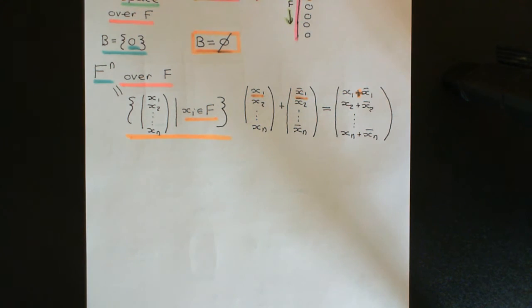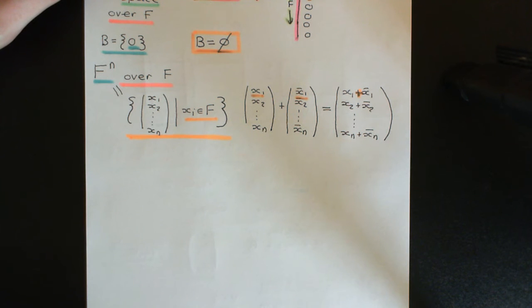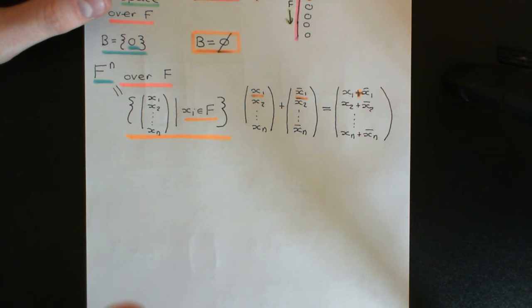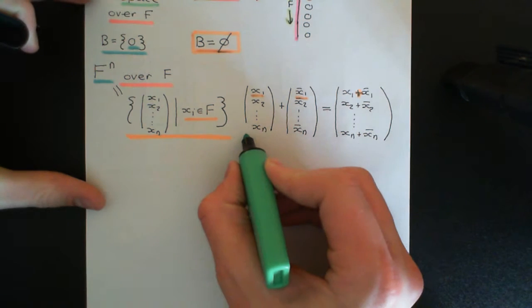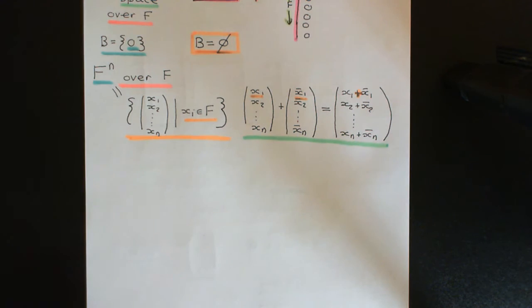That's how we define addition on this set. And we check in the video on the definition of a vector space earlier on in this playlist on vector spaces that this addition law on this set actually does obey the axioms that it needs to obey. Specifically, it obeys the axioms of an abelian group. So addition is fine.